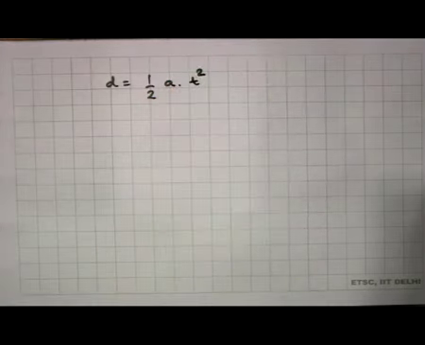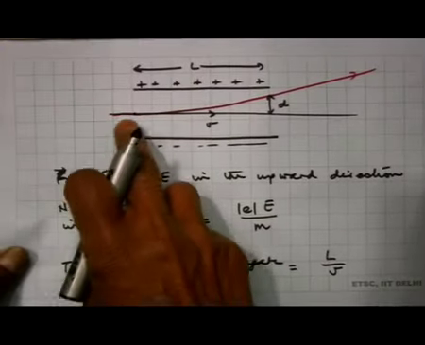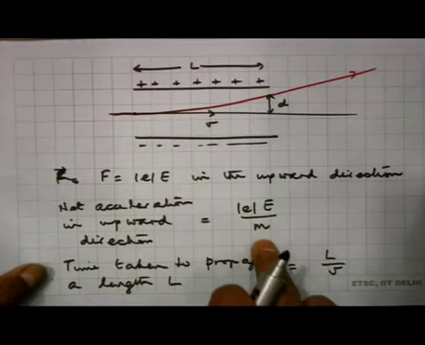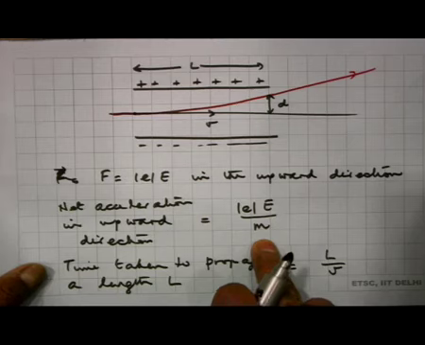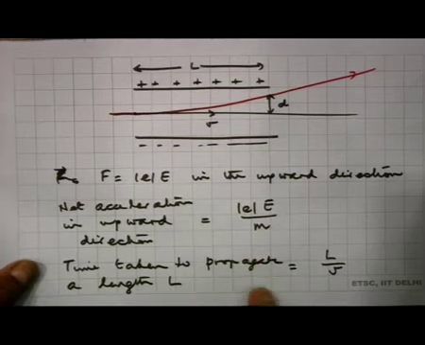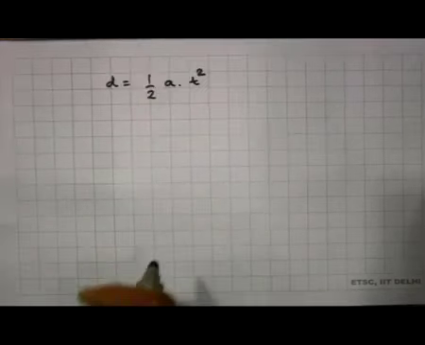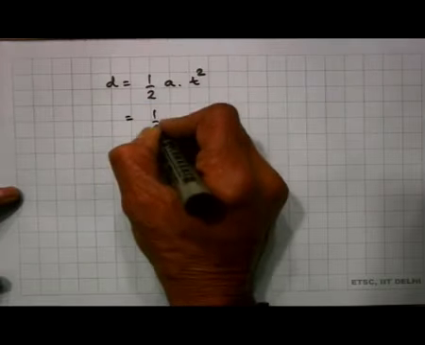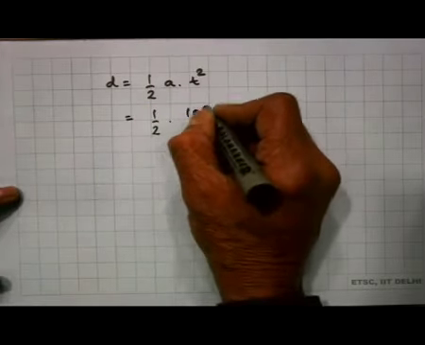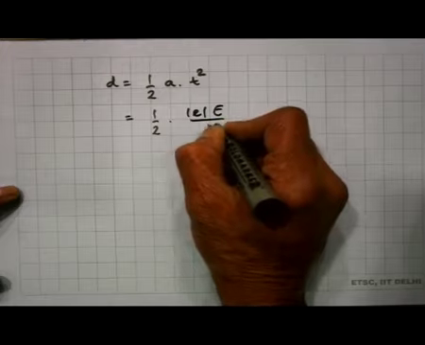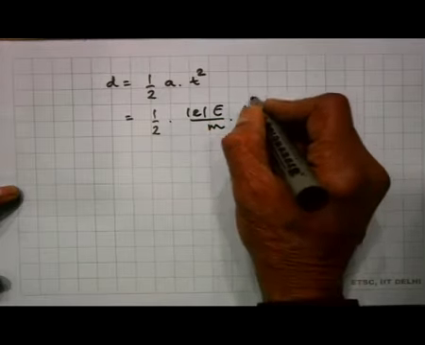Remember the formula, s is equal to ut plus half a t square. The initial velocity in the upward direction is 0. The acceleration is mod E e by m, and the time taken is given by L by v. So I can substitute all this here. I get d is equal to half of mod E e by m into L square by v square.